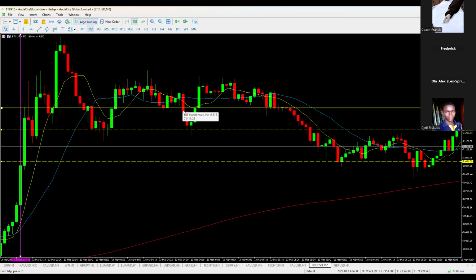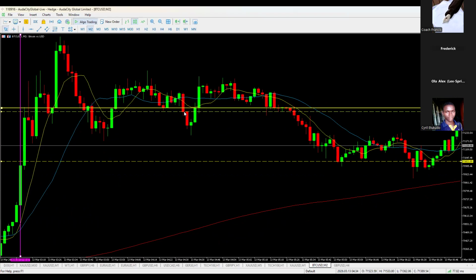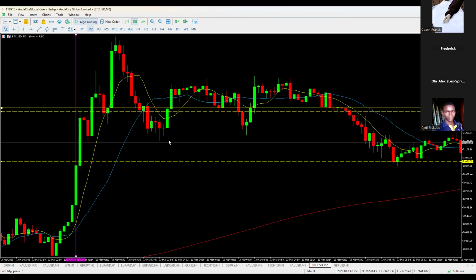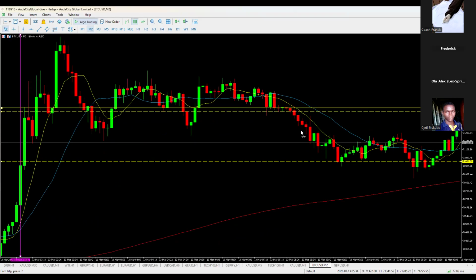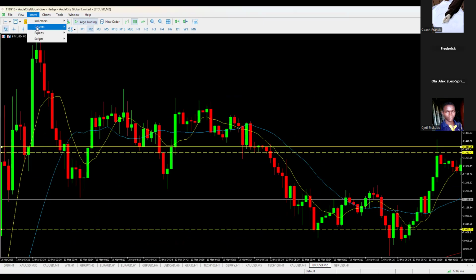A bearish crossover, which we will enter here. Now, the question is, where is going to be your stop loss? Let's quickly draw the SureFire zone.